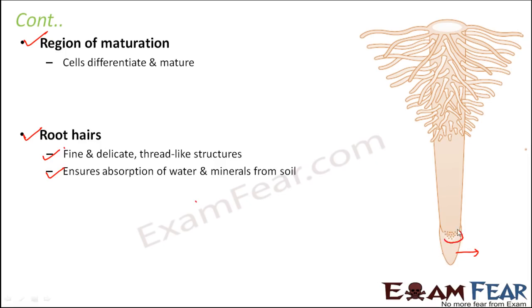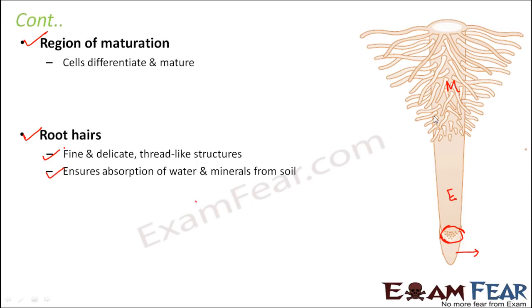Then we have the region of meristematic activity or the meristematic zone, where cell division occurs and new cells are formed. Now these cells will then go to the region of elongation and they will start elongating or increasing in length. As a result, the length of the root will also increase. Then these elongated cells will go to the region of maturation, where the cells will mature and differentiate to form specific tissues.